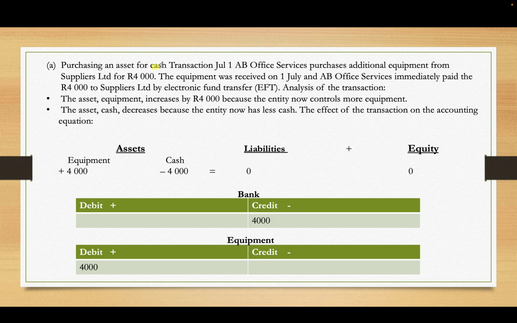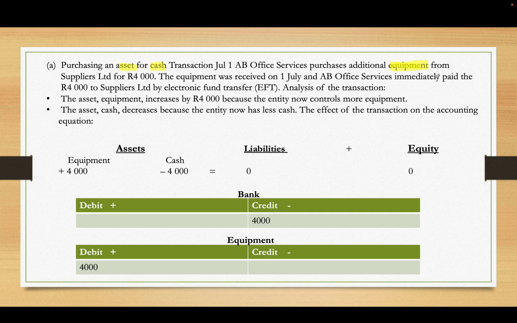Purchases for cash, and remember, the cash is bank. If you see paid via EFT or by cash, it's bank, guys. Please remember bank. Purchase additional equipment. Equipment is an asset. If you understand what's an asset, it's going to be easy. Please trust me, guys. It purchases an asset, which is the equipment, for cash.